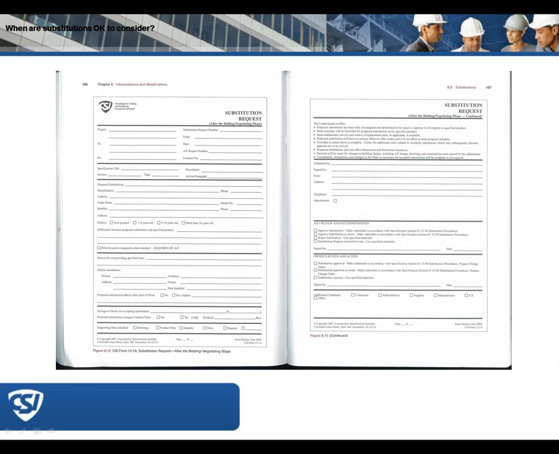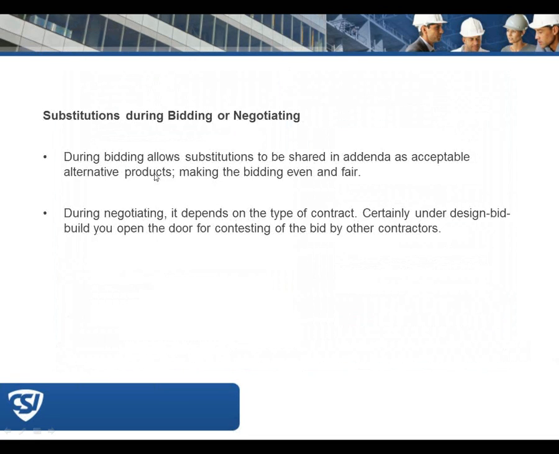So in consideration of these things we're talking about, when would it be okay to consider substitutions? Matthew, let's look at the next slide. So how about at the beginning, during bidding or perhaps negotiating on the job?